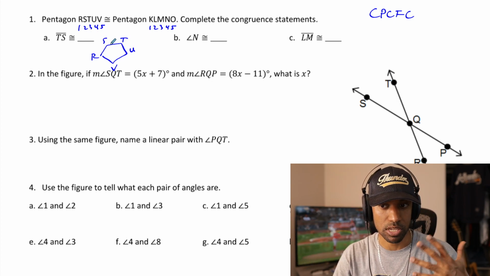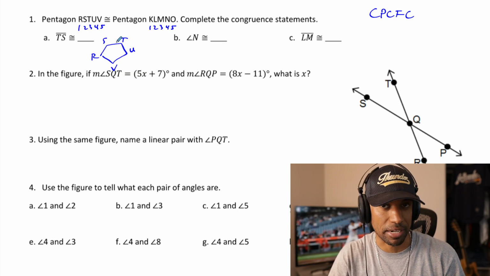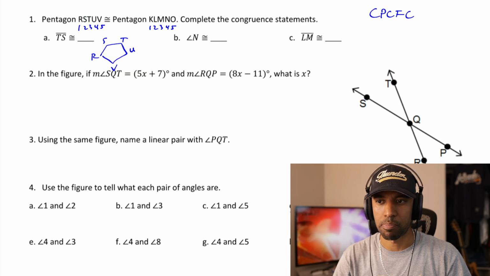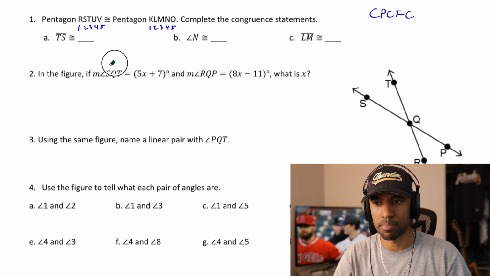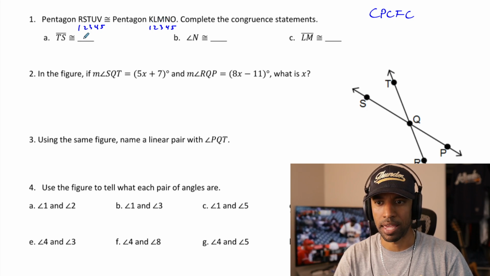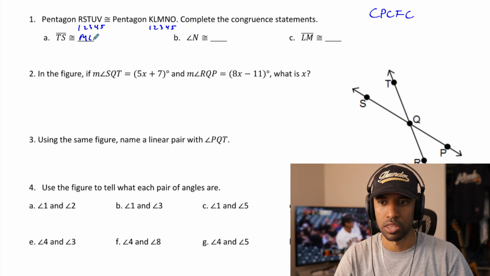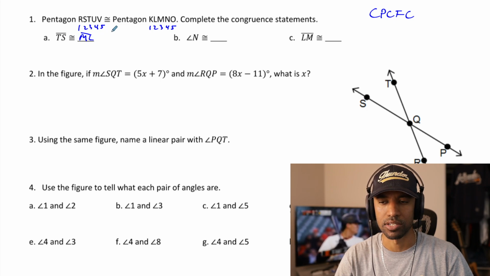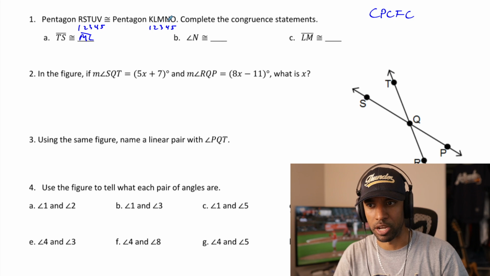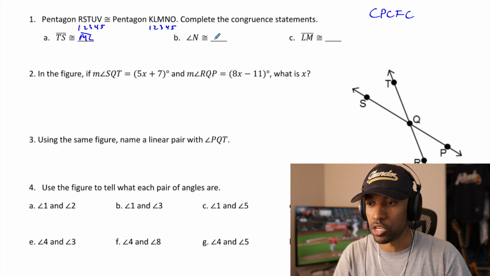And KLMNO, the same thing. So segment TS is congruent with what segment? Look at the third and second letters in KLMNO, M and L, which would correspond. Those are congruent segments. Angle N, being the fourth letter in KLMNO, is going to be congruent to angle U.